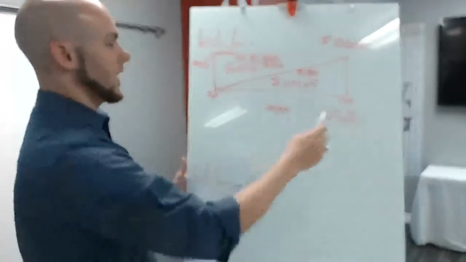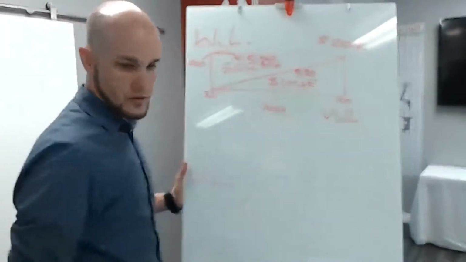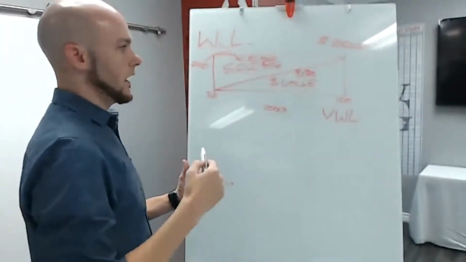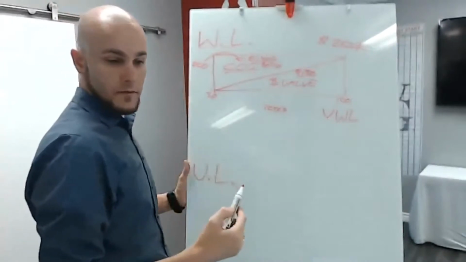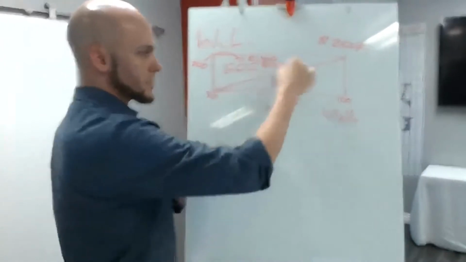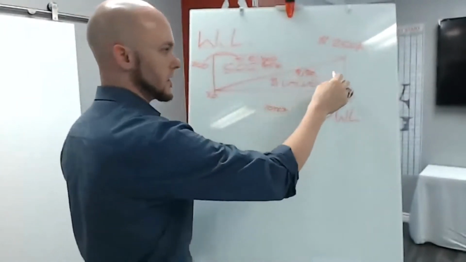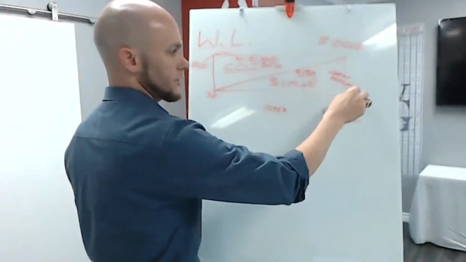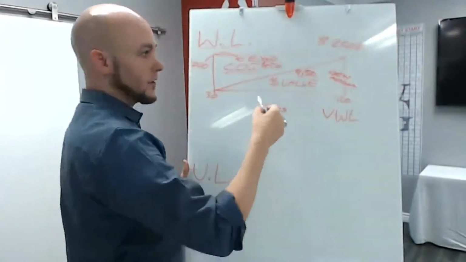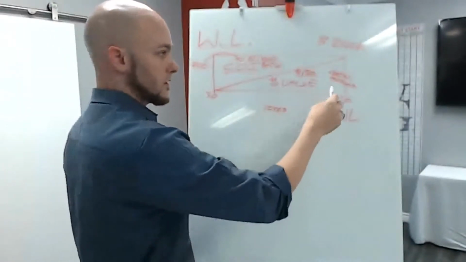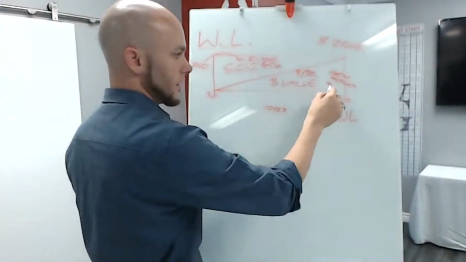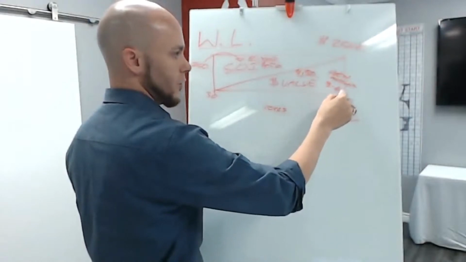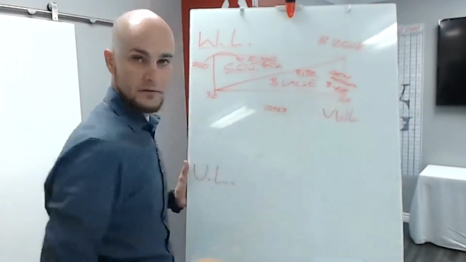Okay, so $150 goes to cash value, and that then builds. Where this money sits in a whole life policy is called a general account at the insurance company, and it earns most places somewhere between 3 and 4%, traditionally.